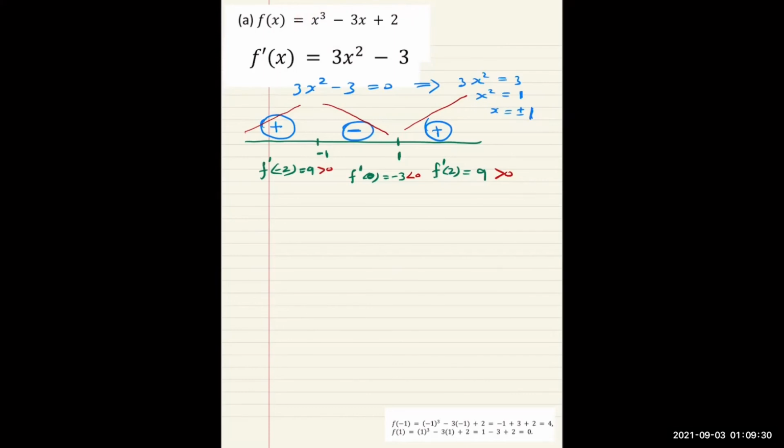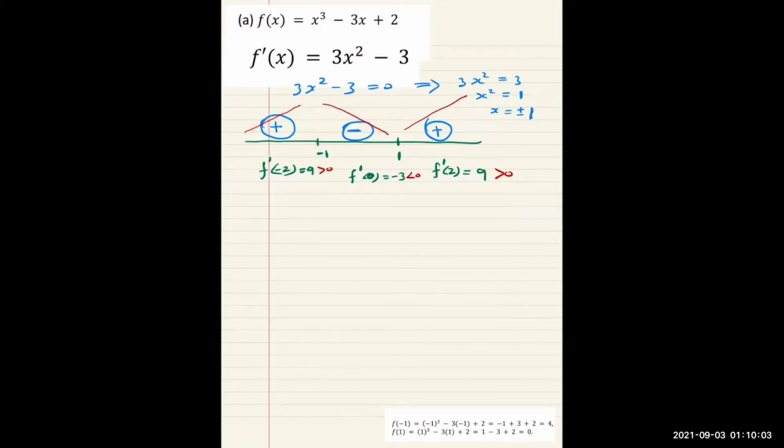By the first derivative test, since my derivative is positive to the left of -1 and it is negative to the right of -1, and my function is continuous at x is equal to -1, I should have a local maximum at x is equal to -1. Actually, these two lines suggest that I'm going to have a local maximum, because if you connect these two, as you can see, you're going to have a local maximum.